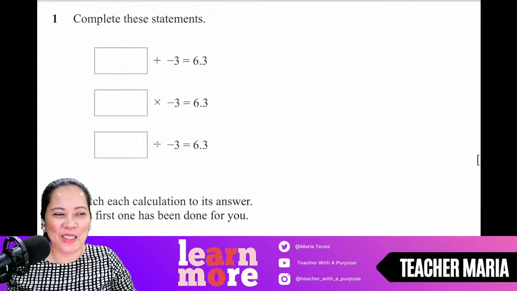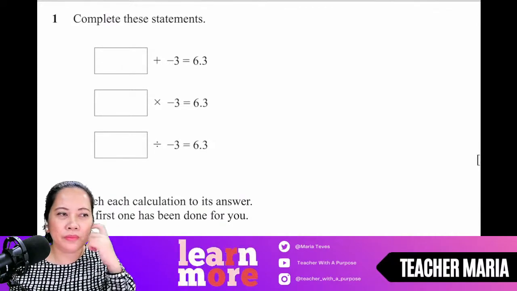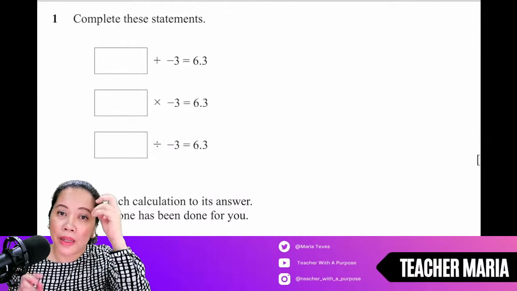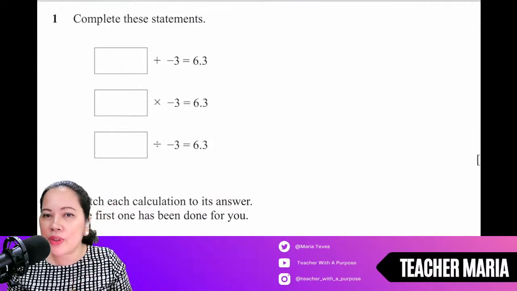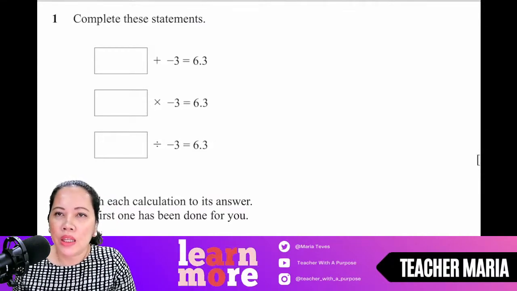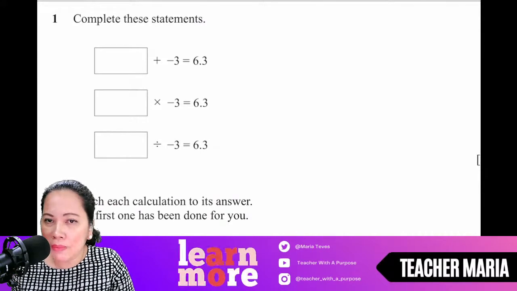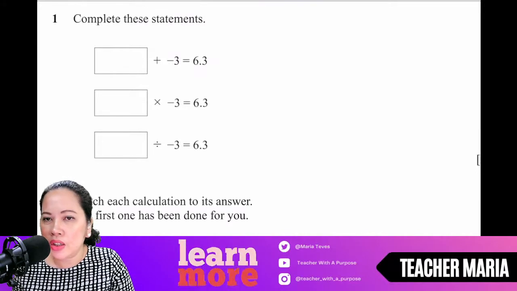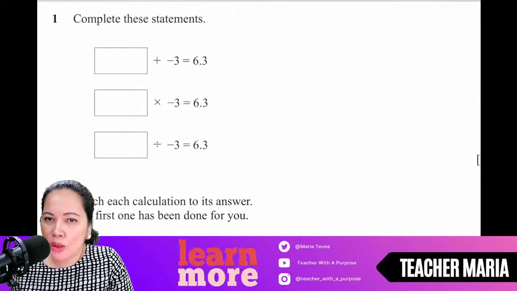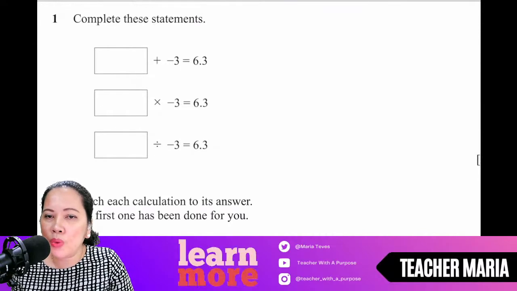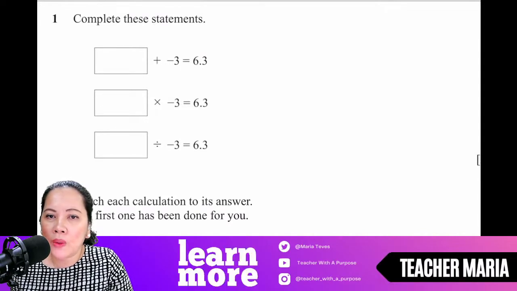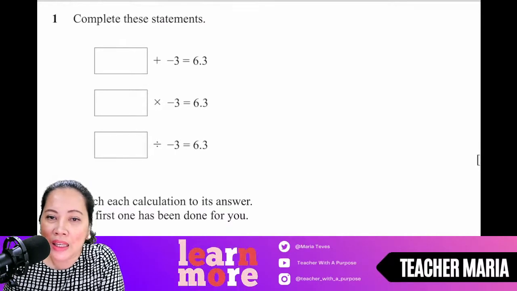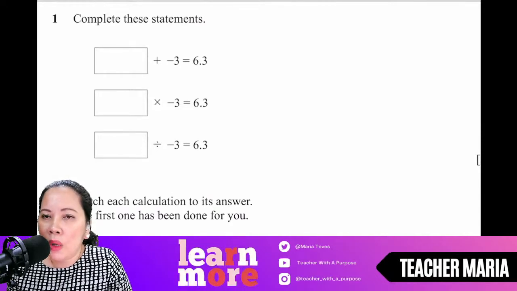All right. So for this question, this is a year 9 progression test. When we talk about completing statements in the different operations in math, that means you have to find the integer that would make this statement true. How do we do this mentally?